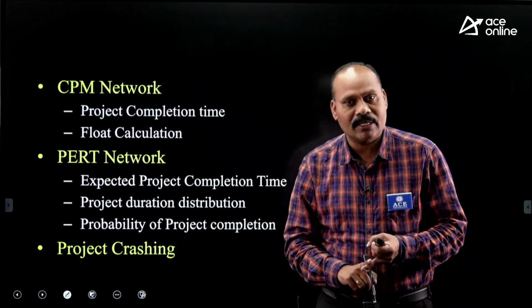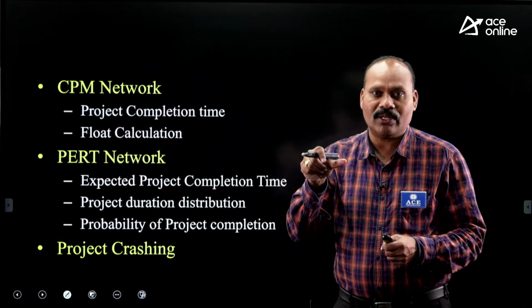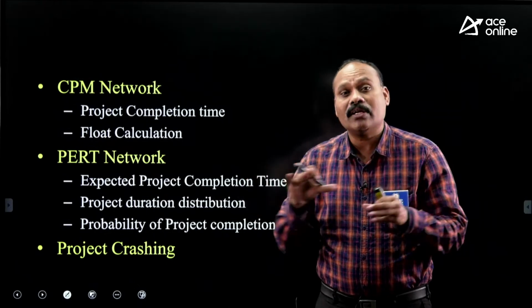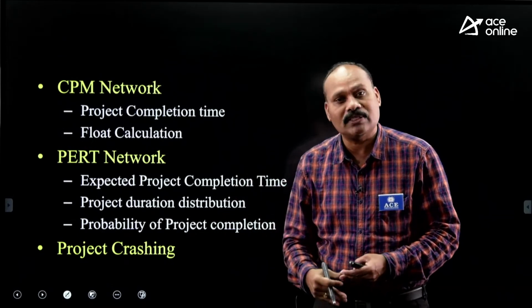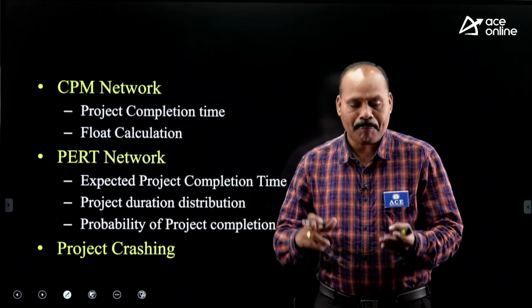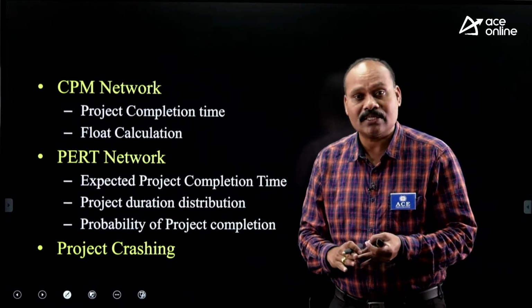After having the earliest and latest occurrence times, whatever activity is our interest, you can take that activity out and find the total float, free float, independent float as well as interference float. So for float calculation, what is required? The AOA diagram and the earliest and latest occurrence times are required.